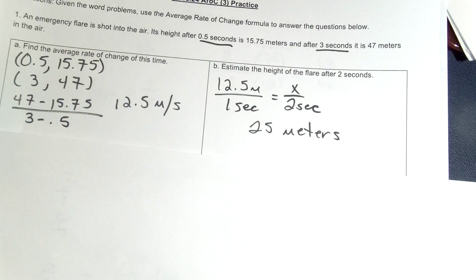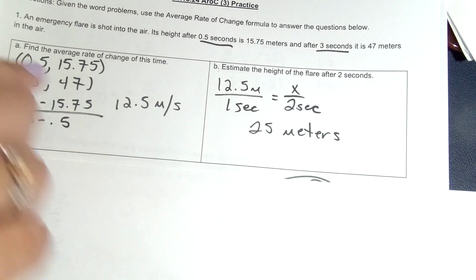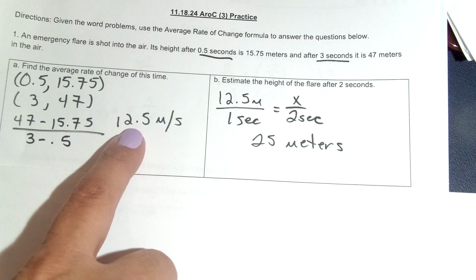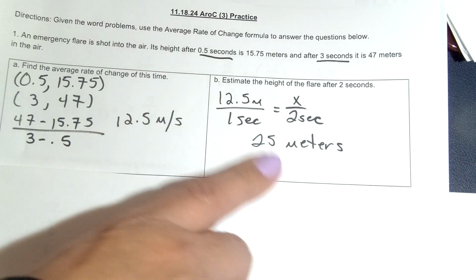Because time is the independent variable, meaning that everything else depends on time. So you should have created these two coordinates and then used the rate of change formula to get 12.5 meters per second. You could write it like that or write it in words.